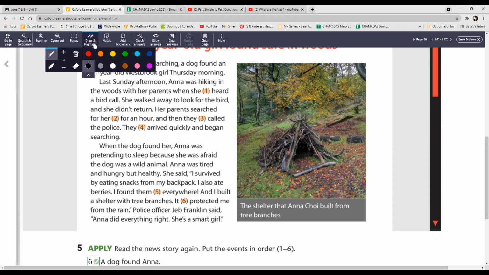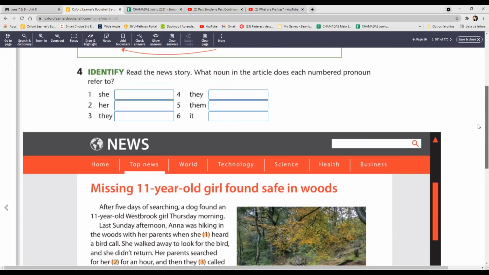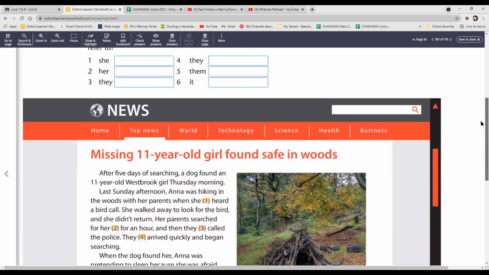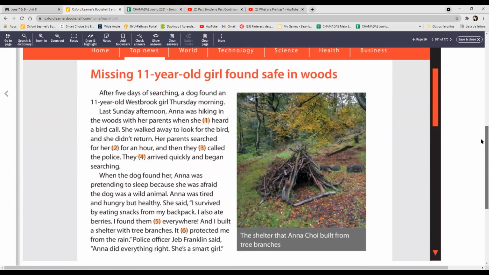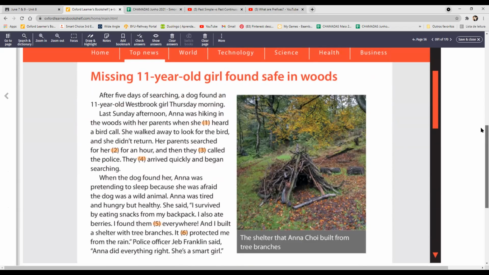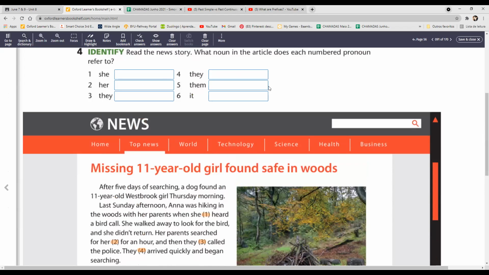Okay? So we have from number 1 to number 6. What are we going to do? We are going to read the text and try to identify who they are talking about. Okay? Who are the people involved in these pronouns here? What are they replacing? Okay? So I will give you 3 minutes to read the text and then find what the pronoun refers to.